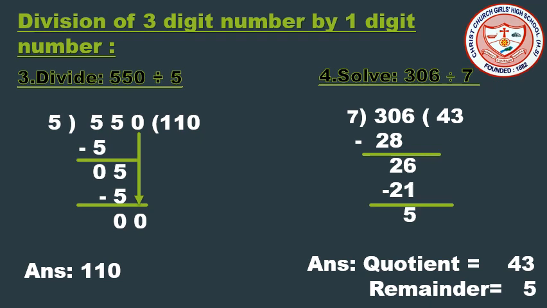That is bigger than 26. So now 26 minus 21 equal to 5. So girls, you can see that here our answer is 43 and 5 is the remainder. So we are going to write quotient equal to 43 and remainder equal to 5.